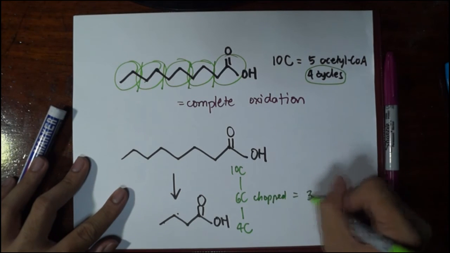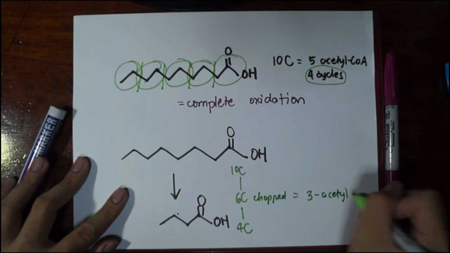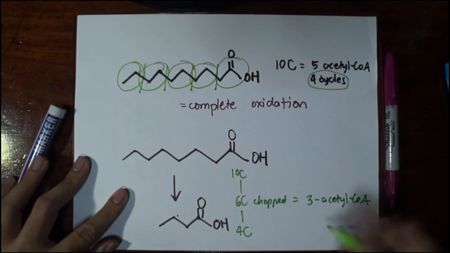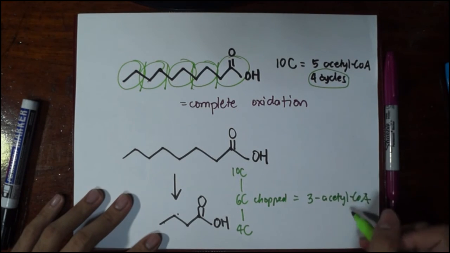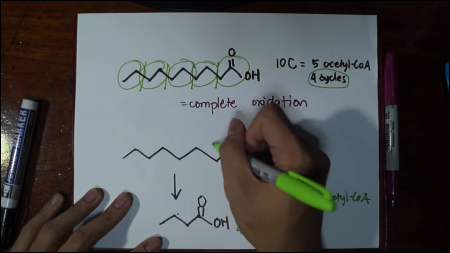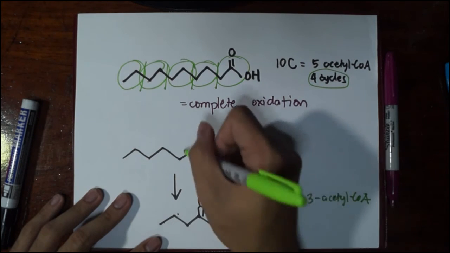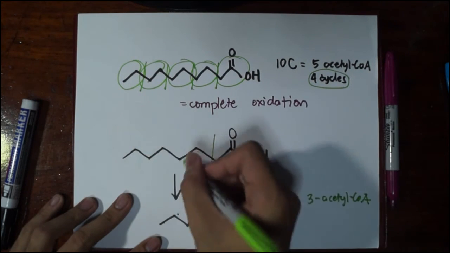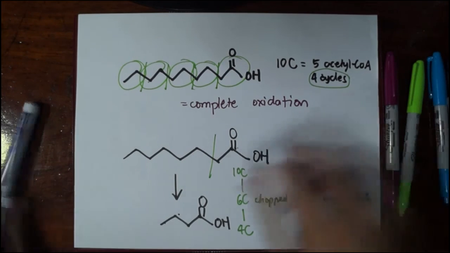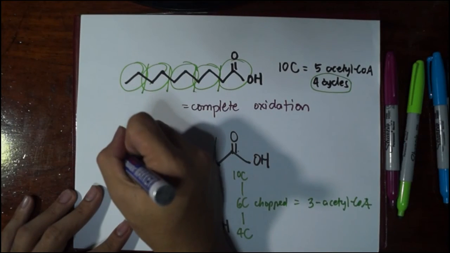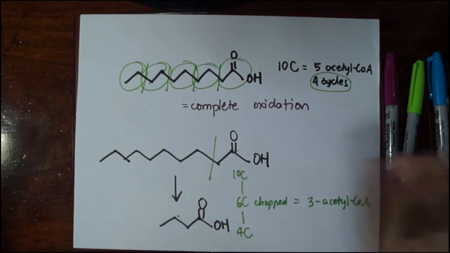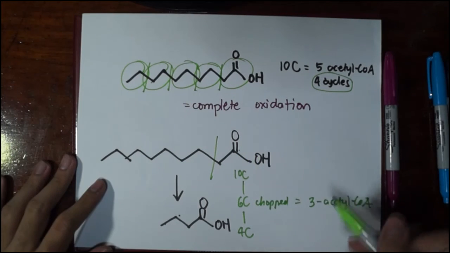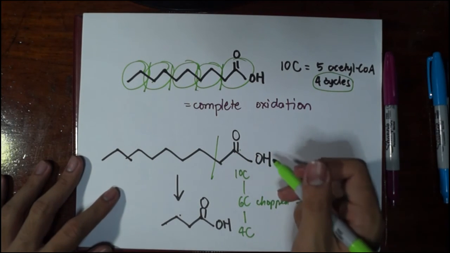And it would translate to 3 acetyl coenzyme A's. But how many cycles would that take? Let's see. So we need 3 acetyl coenzyme A's, right? This is only 8 carbons, so there, you have 10. Sorry. How many cycles would it take us to reach the acetyl coenzyme A's?